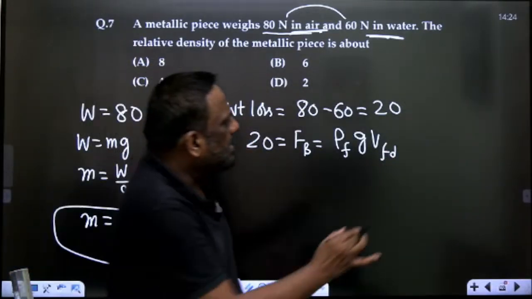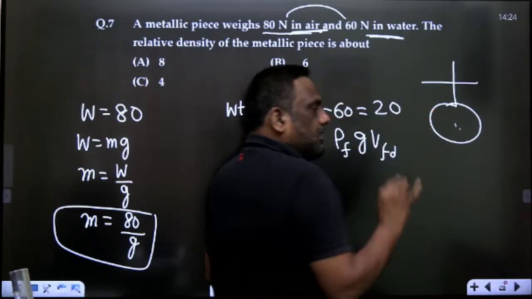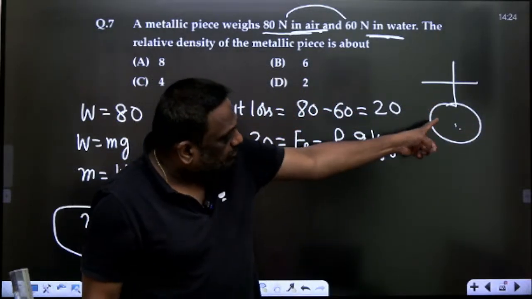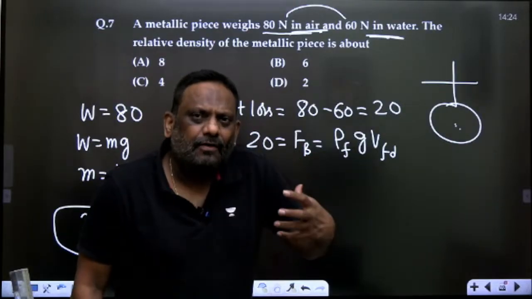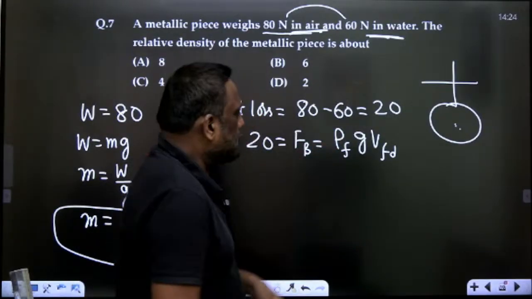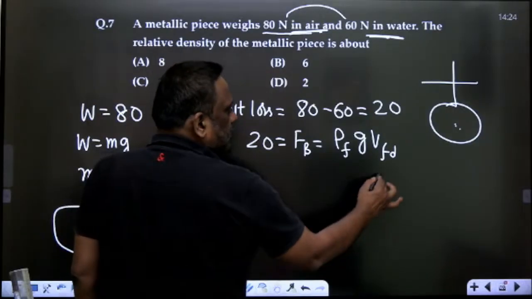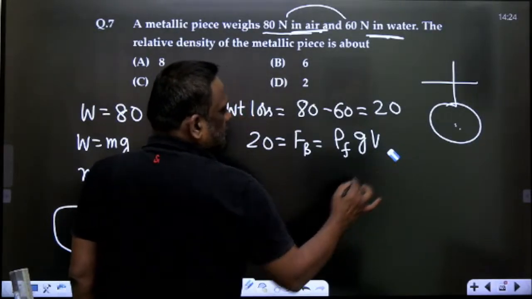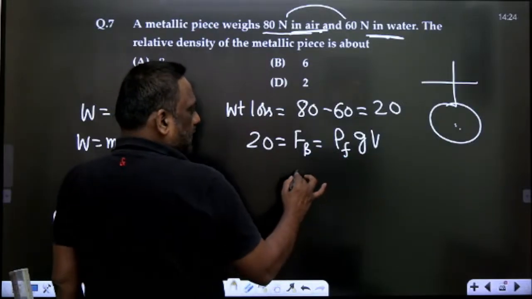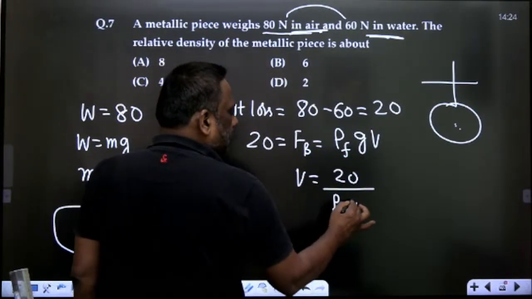So you are immersing the body completely and checking the weight in water. So when the body is immersed completely, how much fluid is displaced? It will be equal to volume of the body. So volume of the fluid displaced can also be written as volume of the body. Therefore, volume of the body is equal to 20 by rho of fluid into g.